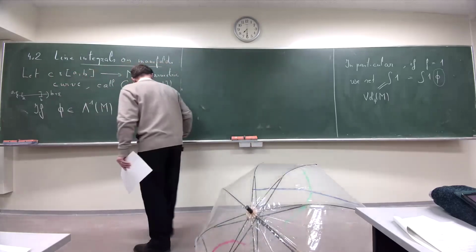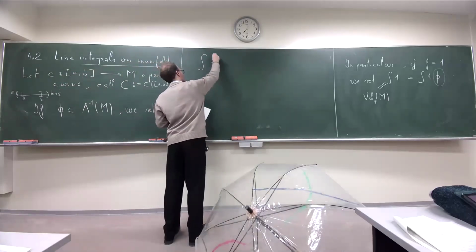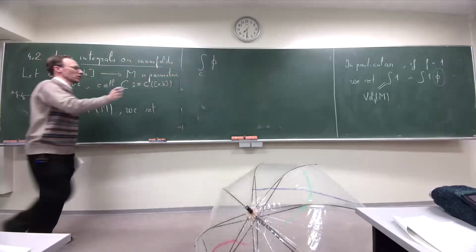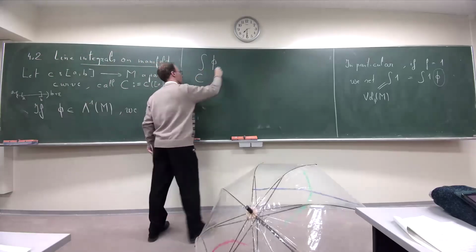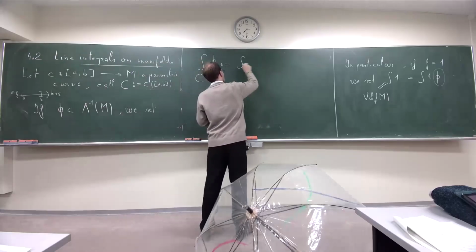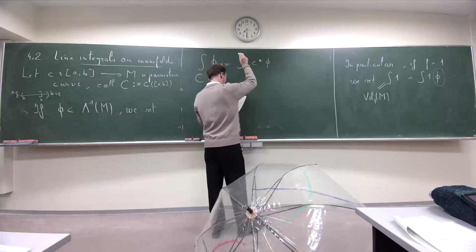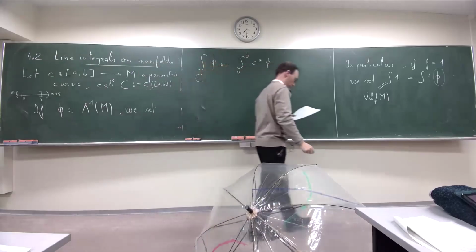This is why I've chosen a 1 here. The integral of phi along C, this is capital C. Now it's a definition: the integral of C star phi from A to B.